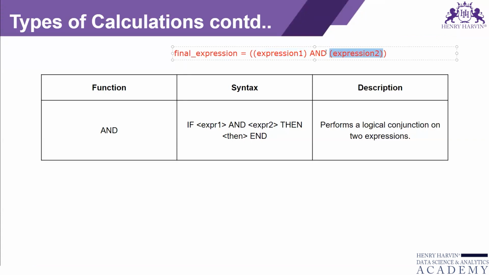And the meaning of this AND operation is if expression one is satisfied to be true and expression two is satisfied to be true, then only the final expression results in a true. Otherwise, the final expression results in a false.